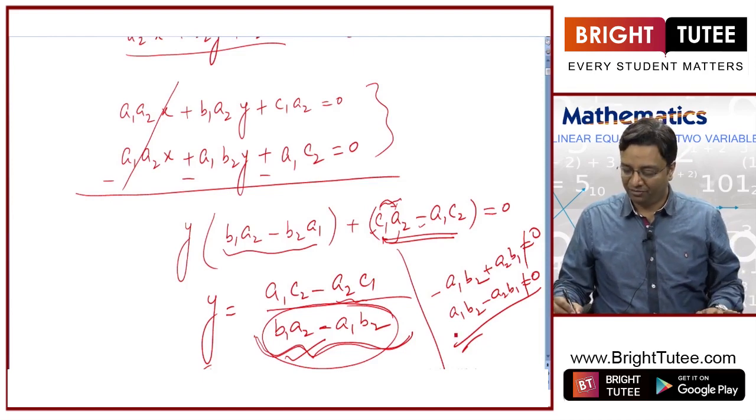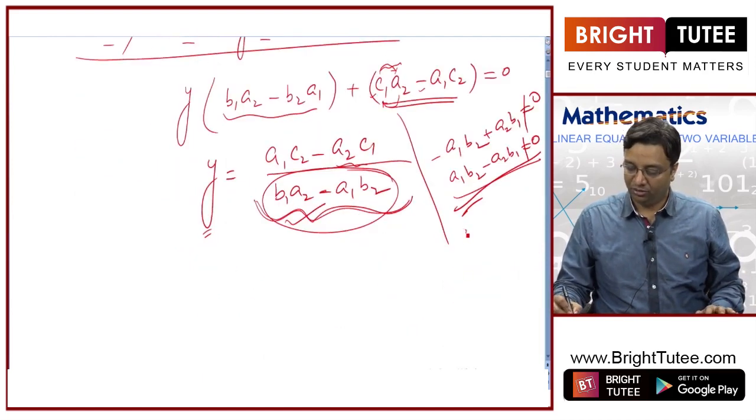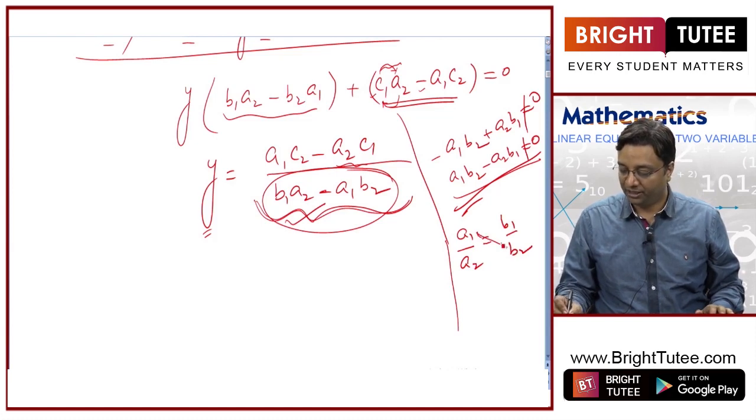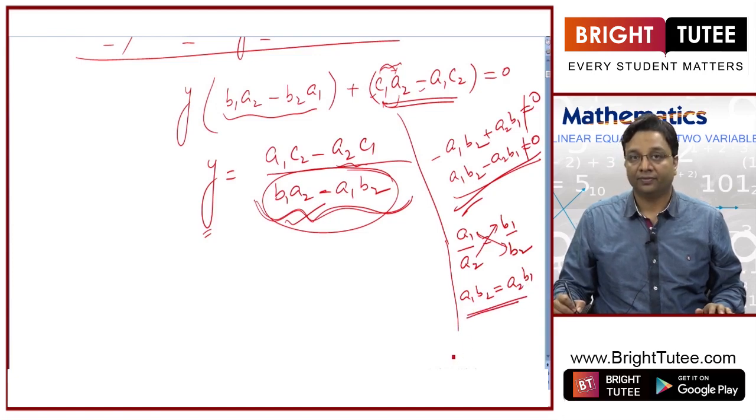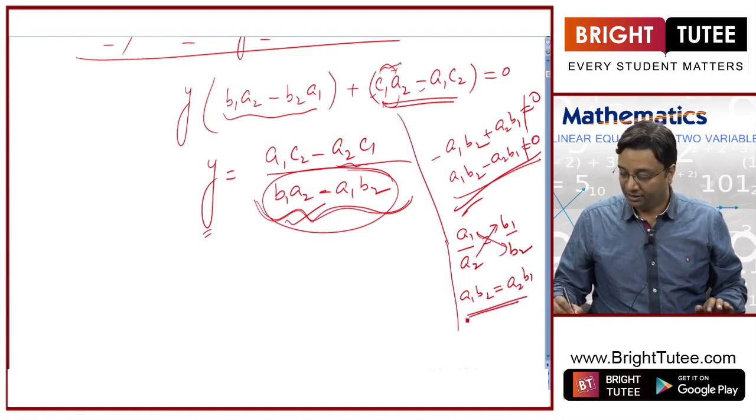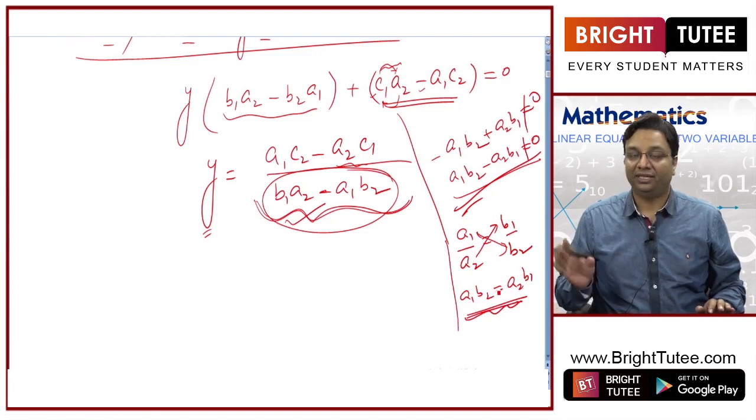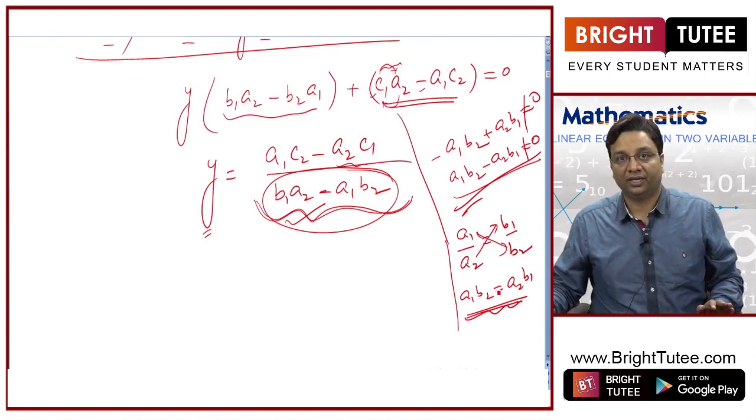Okay. And when was it equal to 0? When you compared the coefficients, a1 by a2 equal to b1 by b2. Now you see, if I cross multiply these, a1 b2 is equal to a2 b1. Remember that? This was the situation when we did not have a unique solution, right.